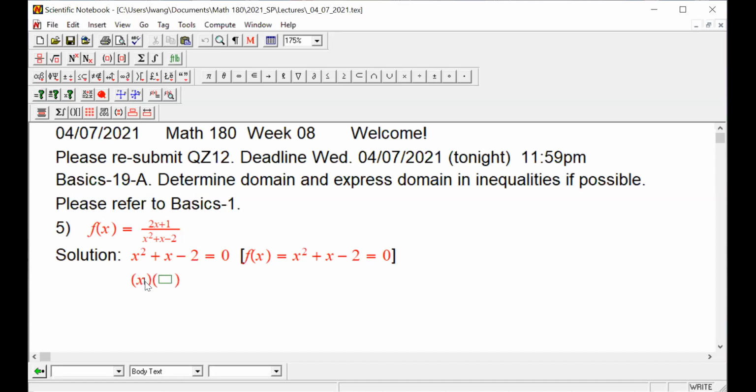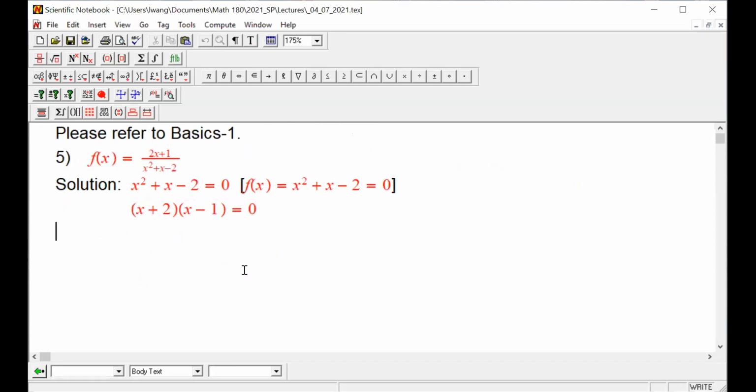So we get x plus 2 times x minus 1, and the product is 0, right? And then we get to use principle number 5, if the product of two numbers is 0. So you think about these principles being used.